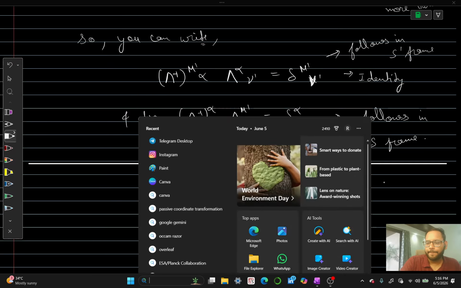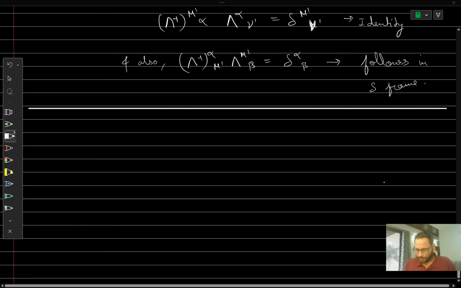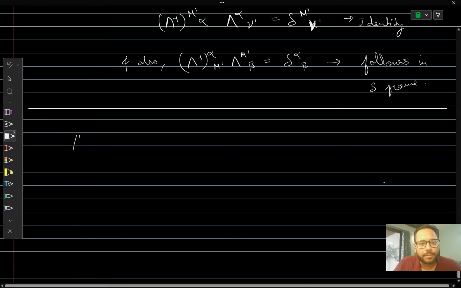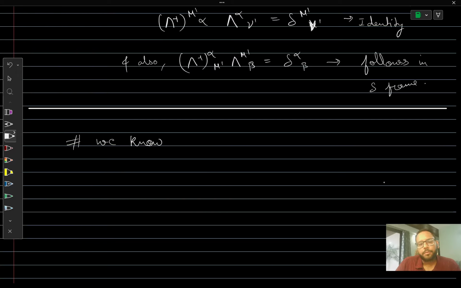Okay, this class will be a bit longer because I have to explain something else. We know components transform like this.